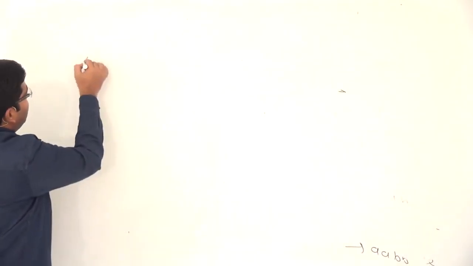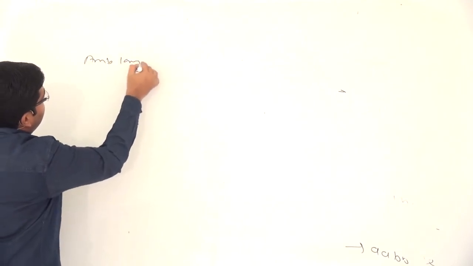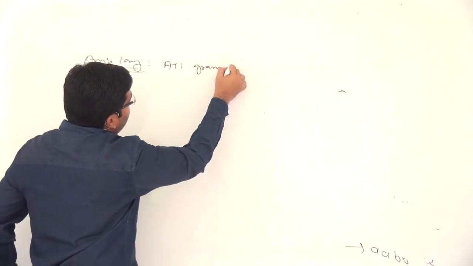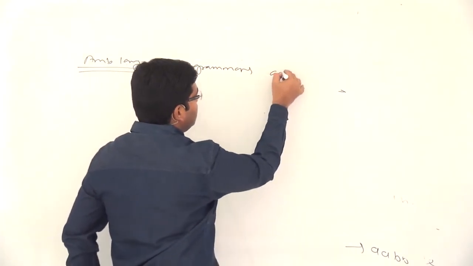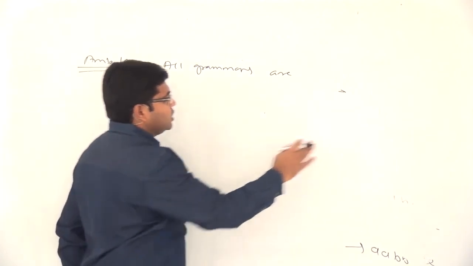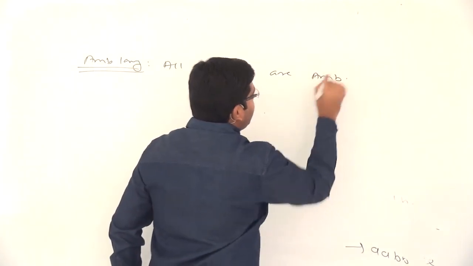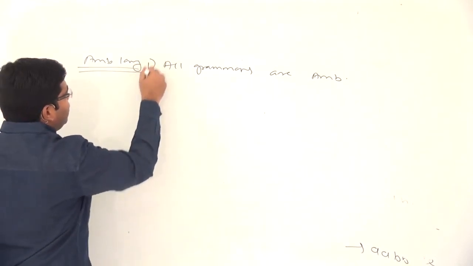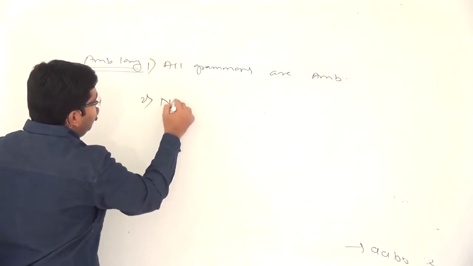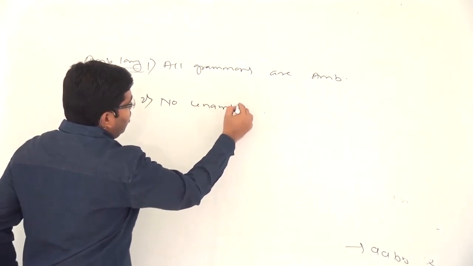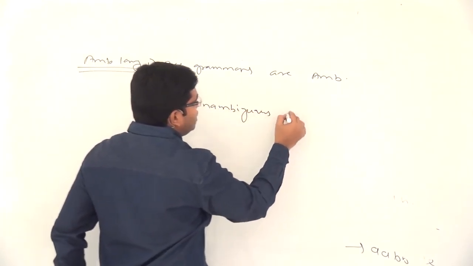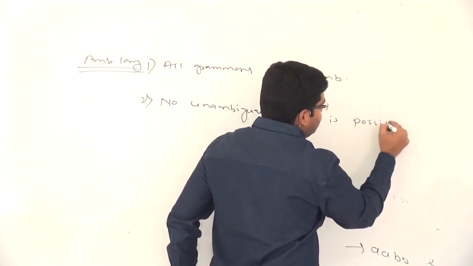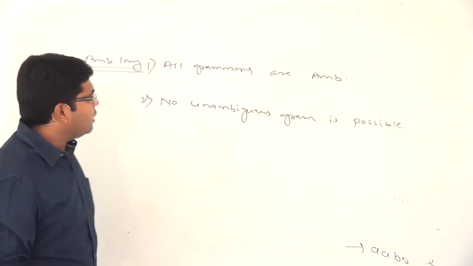For an ambiguous language, the definition is: all grammars are ambiguous, therefore the language will be called an ambiguous language. Or you can write: no unambiguous grammar is possible, therefore the language will be called an ambiguous language.